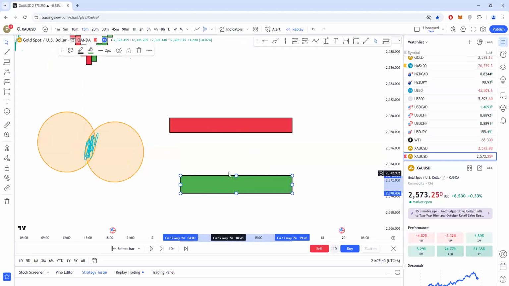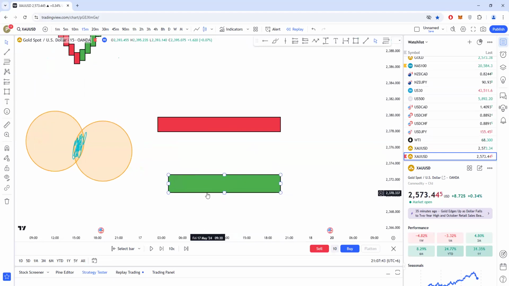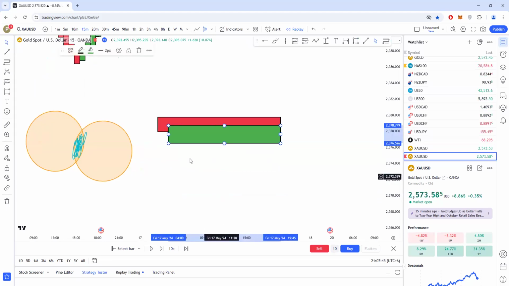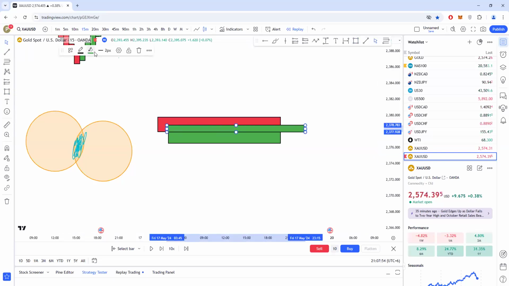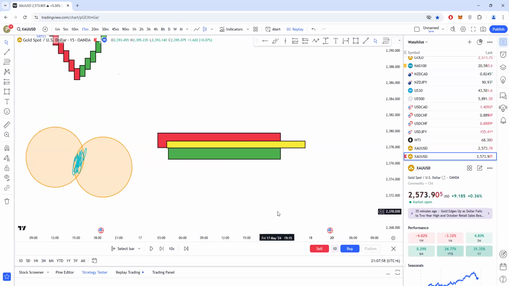Is this part clear? What if we mix these two setups, engulfing buy and engulfing sell? We have this particular area, which is similar to the circle we drew, and this is a common zone we have here, isn't it?